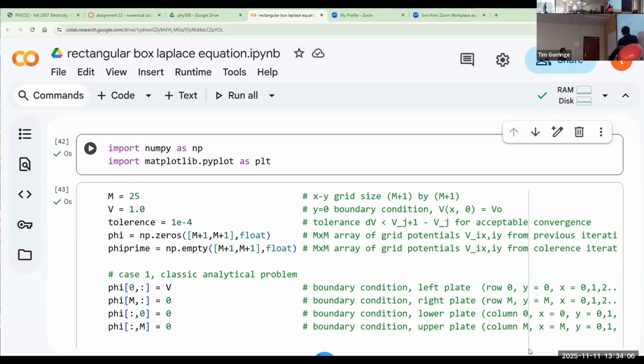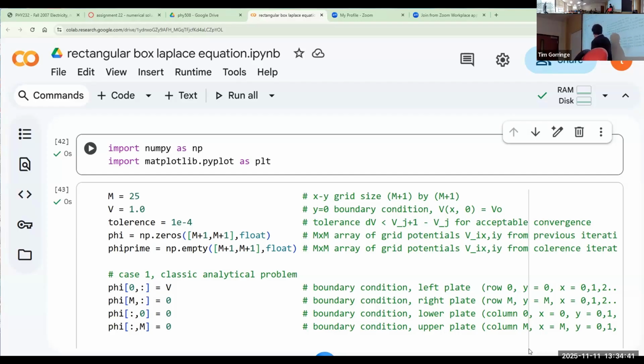I'm going to make my mesh that corresponds to, actually, I made the array size correspond to, here's the mesh size, 25. But here's the size of the array. This is the array. It's going to hold all the potentials, including the potentials that are on the boundaries and the potentials that are in the interior.